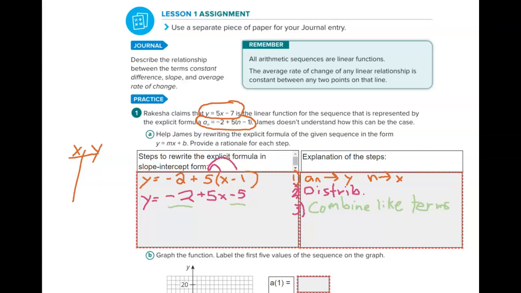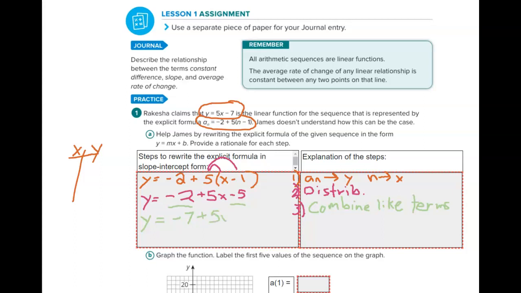And then if there were any other like terms that also had an x as a variable, we would also combine those. So once I combine like terms, I'm going to get -7 plus 5x.